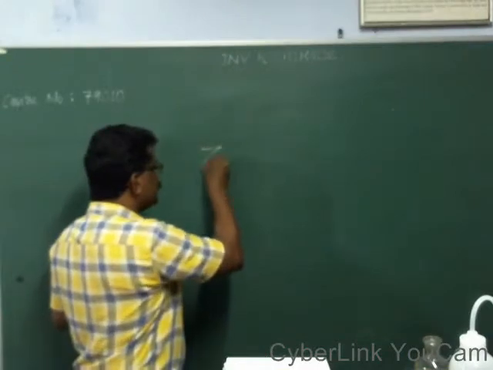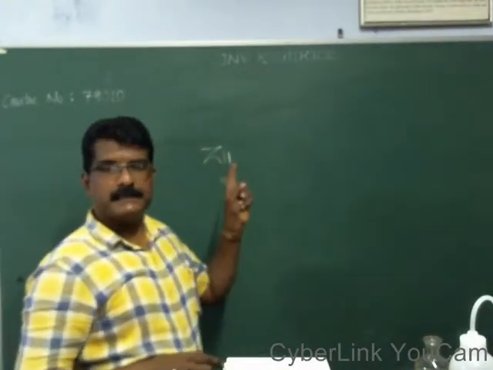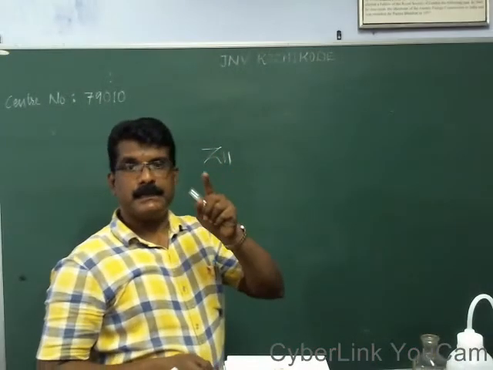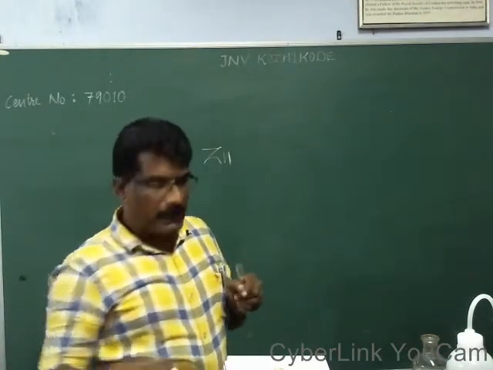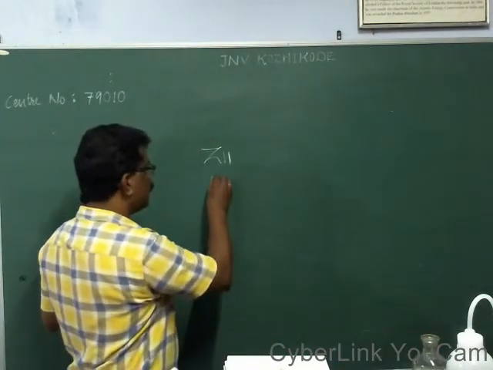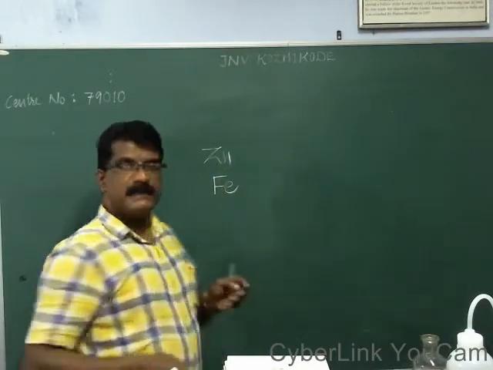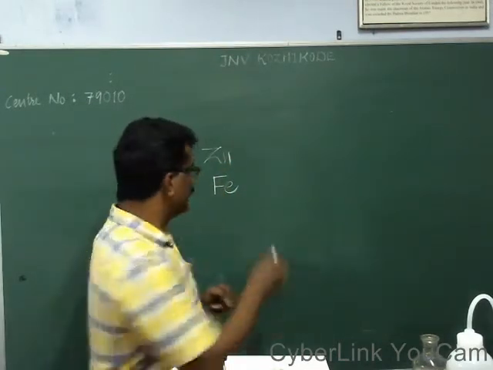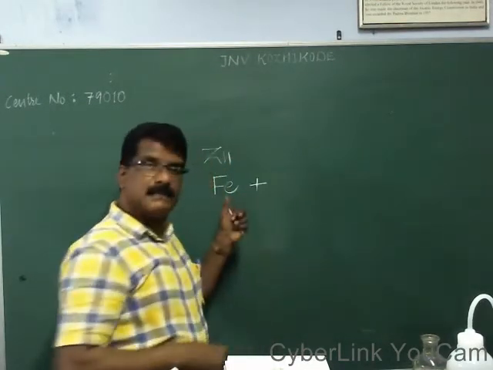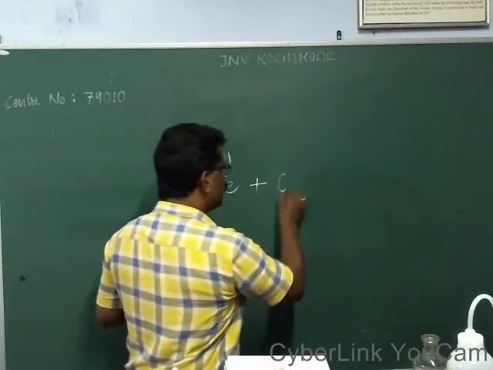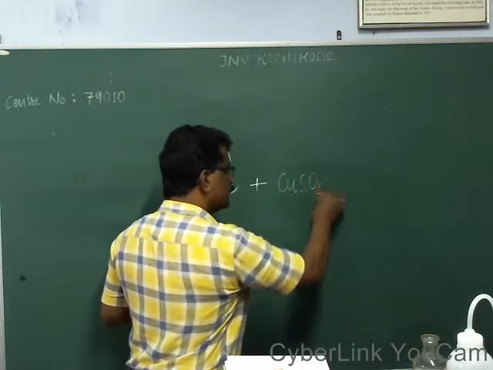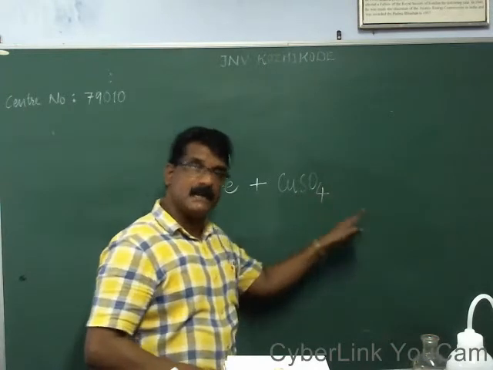See, zinc is a metal, or I will write another example, Fe. Fe is a metal. When I am treating this iron with copper sulfate, copper sulfate is a salt.